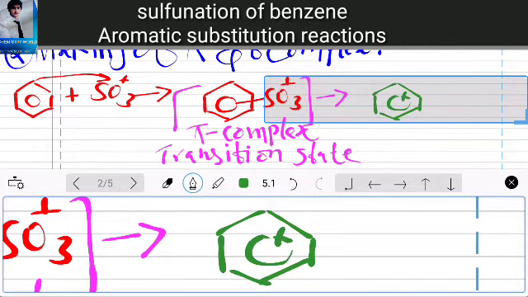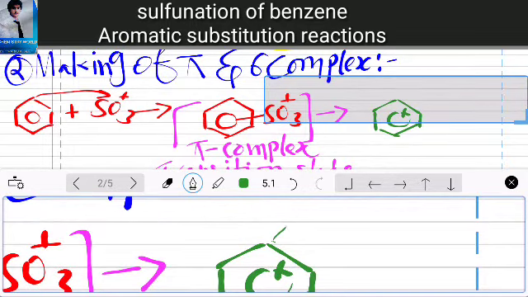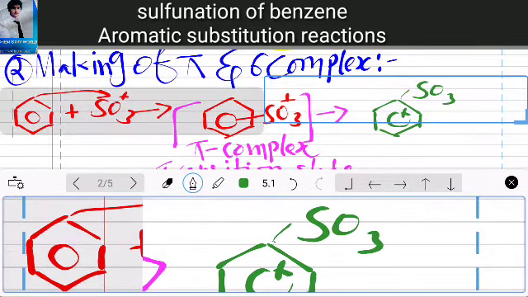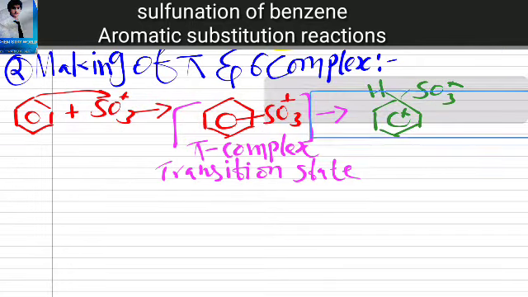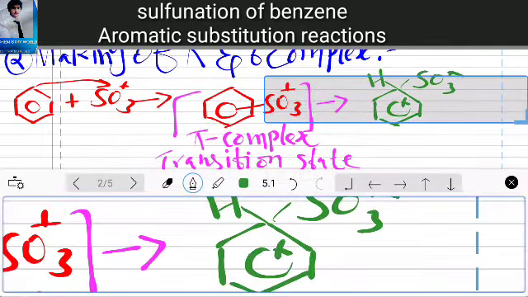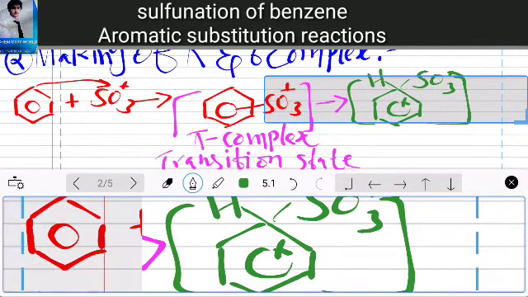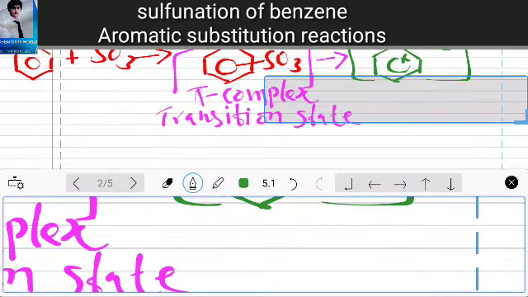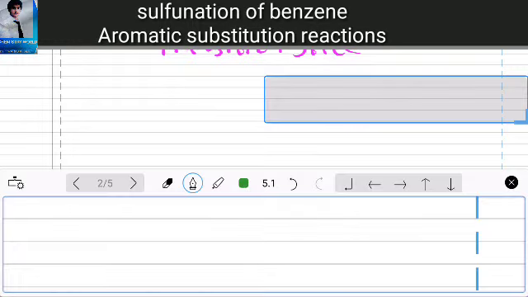We can write it as follows because it is a resonating structure. SO3, now the positive comes here and H here. When SO3 is attached with the benzene ring, it is negatively signed because oxygen is electronegative in that. So it is resonating.